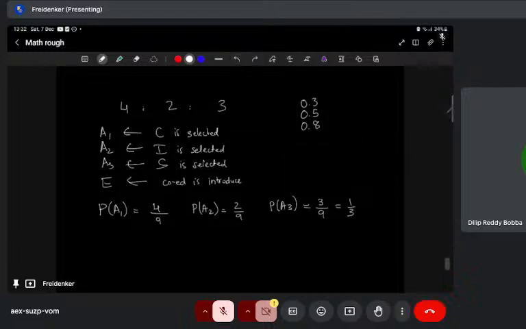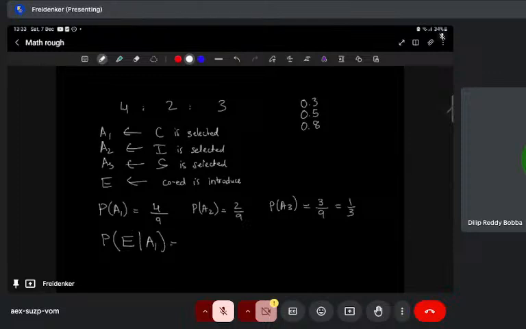0.3 is the probability that Mr. Chatterjee will introduce co-education if he is selected. So that would mean the probability of E happening given that A1 happens, like the probability of co-education being introduced given that Chatterjee is selected.